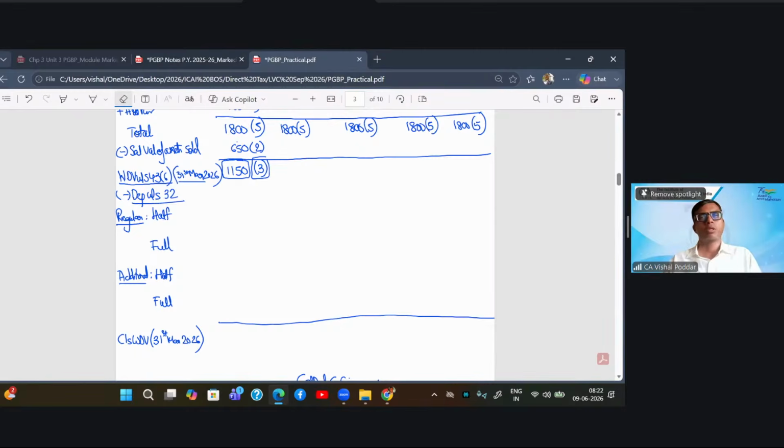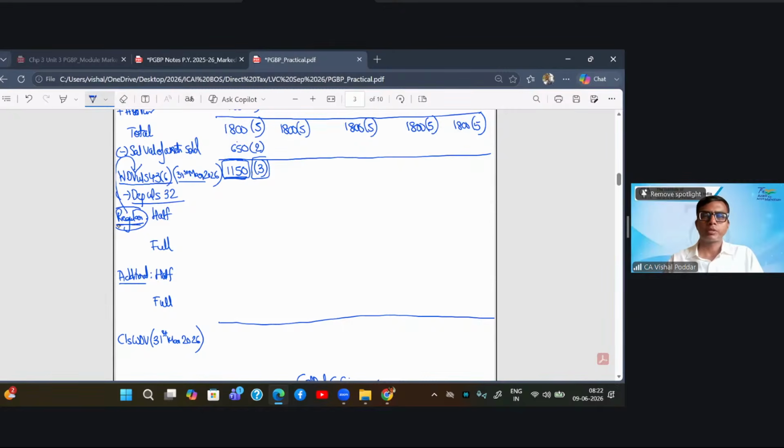Now coming to the calculation part. Please remember this depreciation, which I'm calling as regular, this depreciation is calculated on this WDV amount, that is this amount.